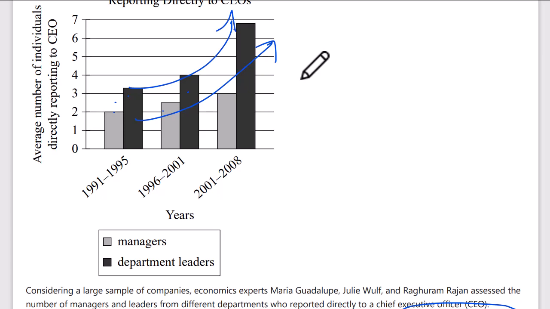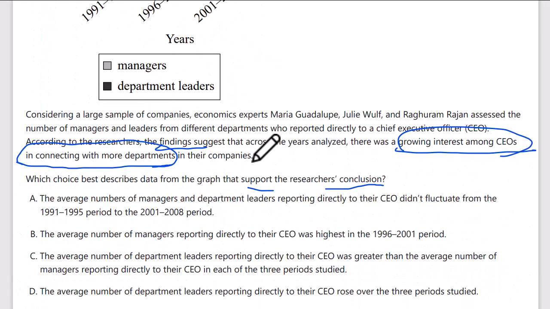And actually the differential versus the managers themselves is increasing too. So that might be representing the same idea as well. I think the absolute level of the numbers, 2, 7, 3, 100, I'm not sure that really makes any difference here. So let's look at the answers. The average number of managers and department leaders reporting directly to their CEO didn't fluctuate from 95 up to 2008.